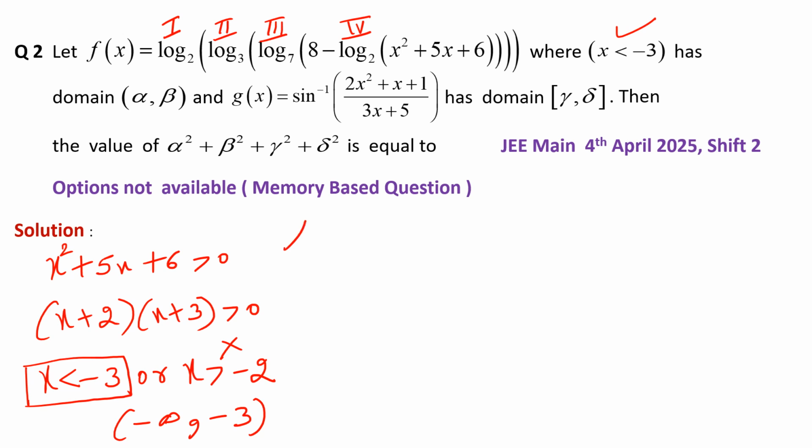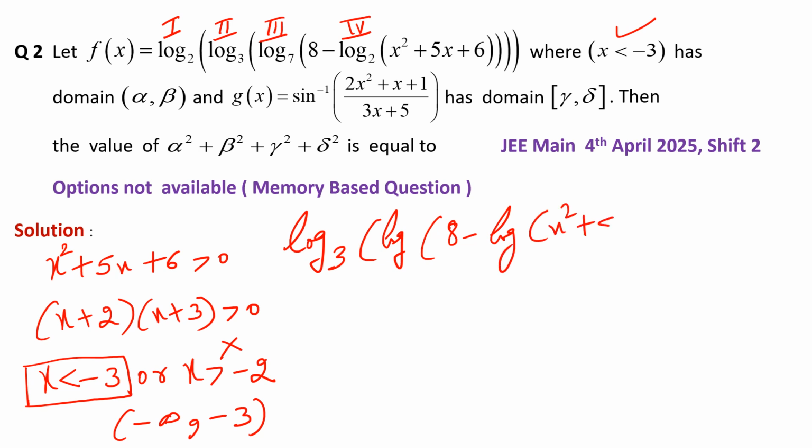That means I am taking the input of first logarithmic function, that is log of 8 minus log of x square plus 5x plus 6, as positive.